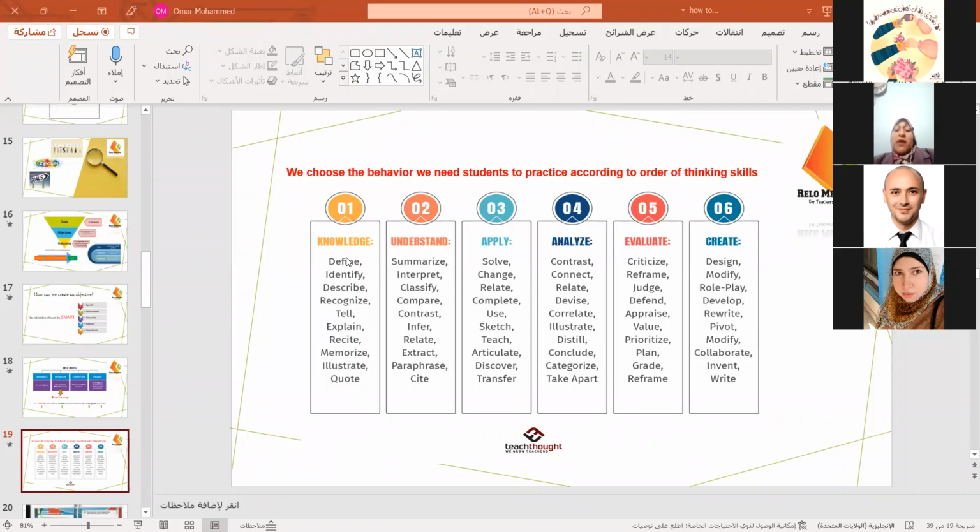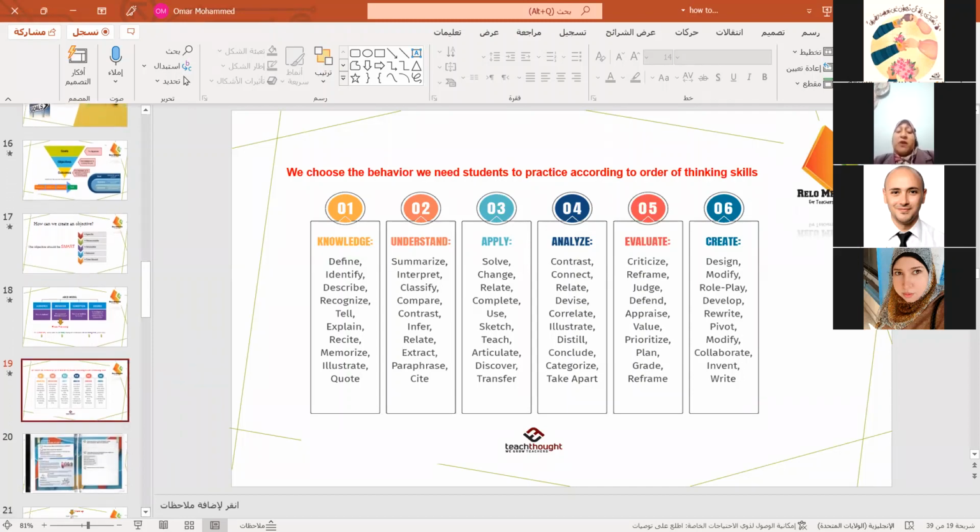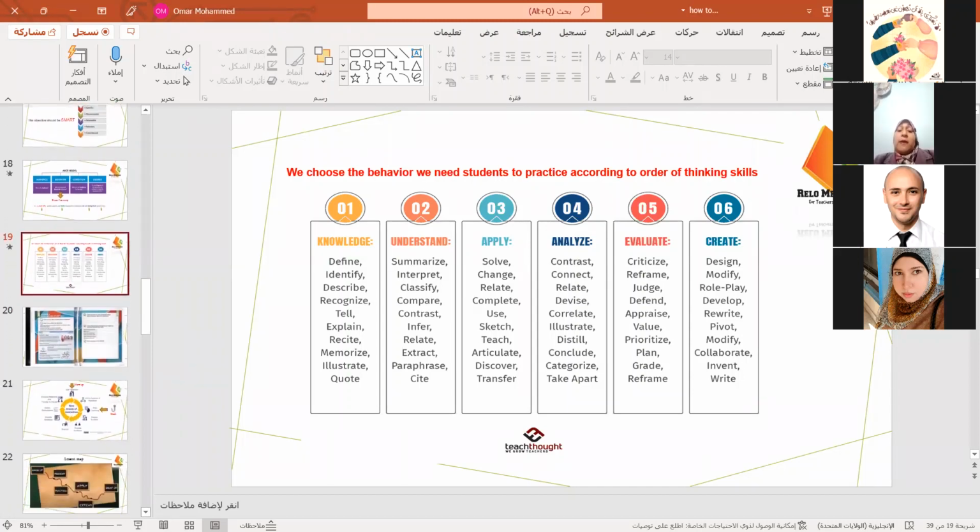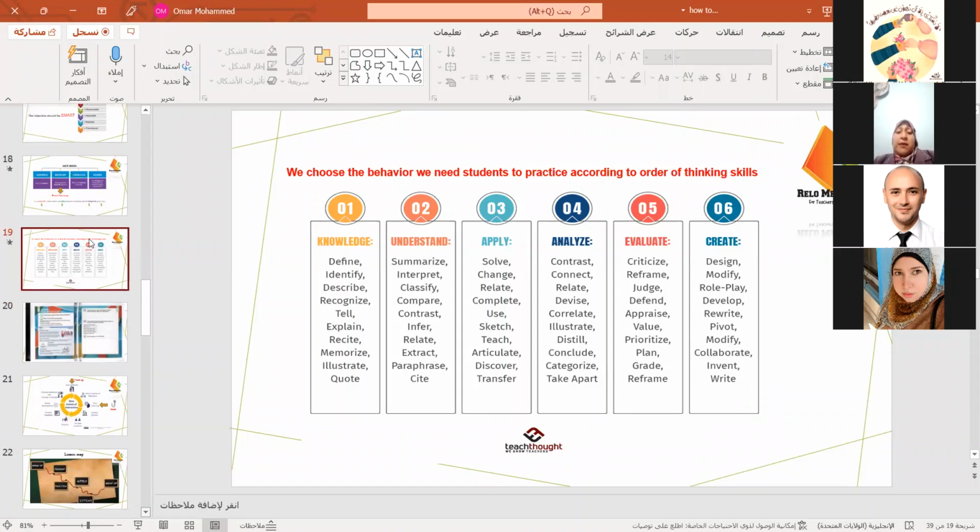This is the lowest level of thinking in Bloom's taxonomy. We can use the verbs define, identify, describe, recognize, tell, explain, recite, memorize. Then we have the second level, which is understand. The students can summarize, classify, compare, and we have many verbs that we can use at this level.